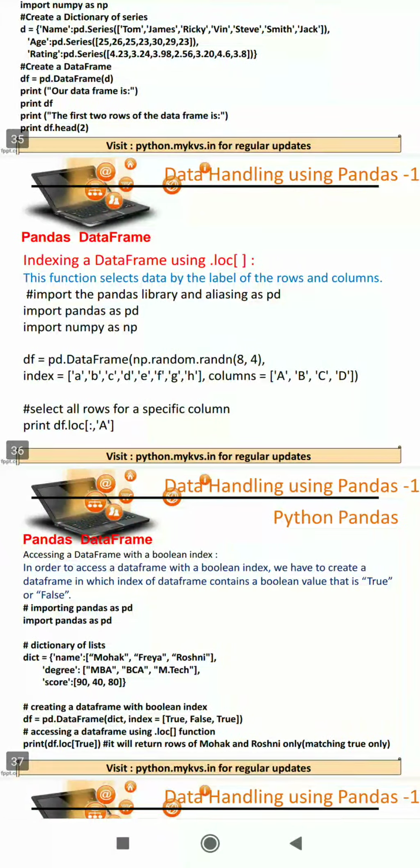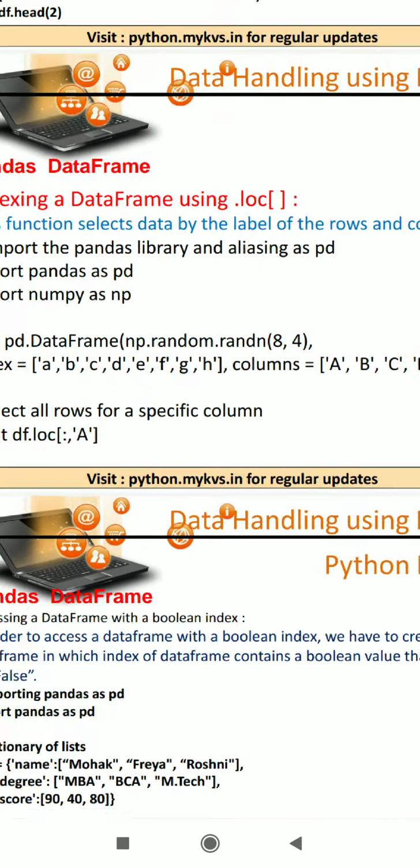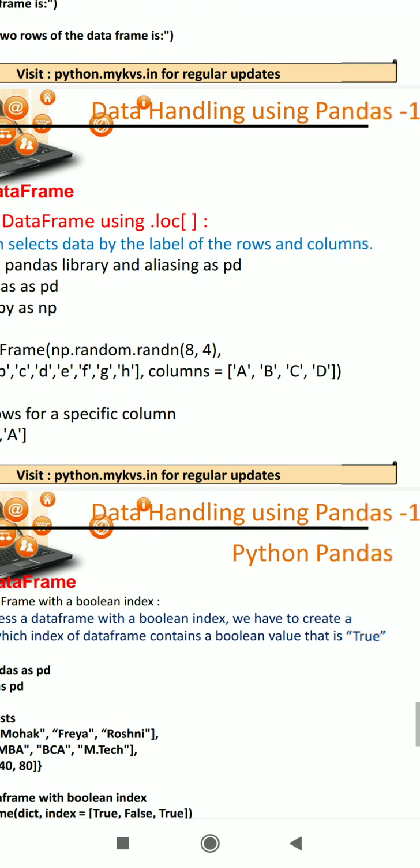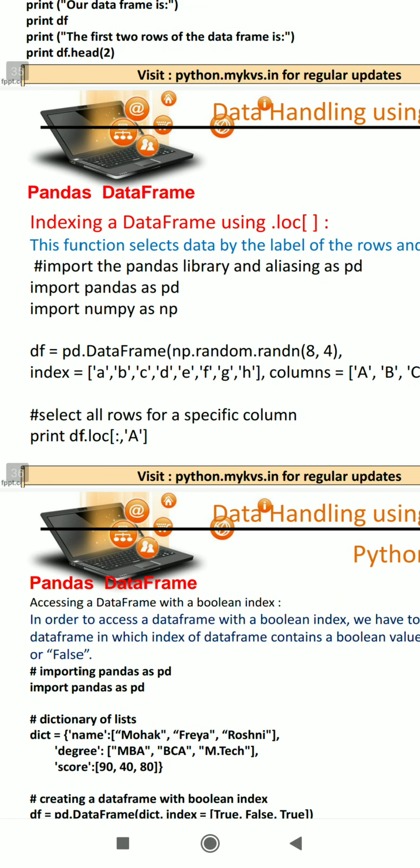Okay students, now we again practice the loc method. loc means accessing the value of a specific location with the help of a label only. Here one data frame is there, with 8 values, and with the column names there are 4 columns.